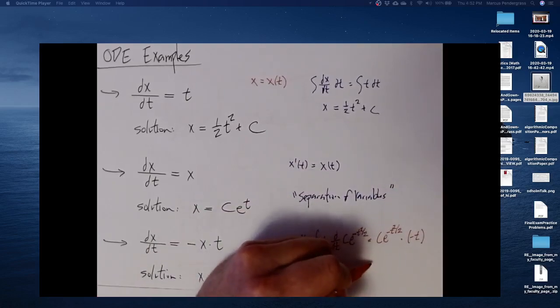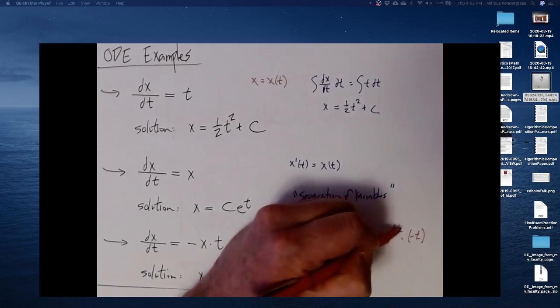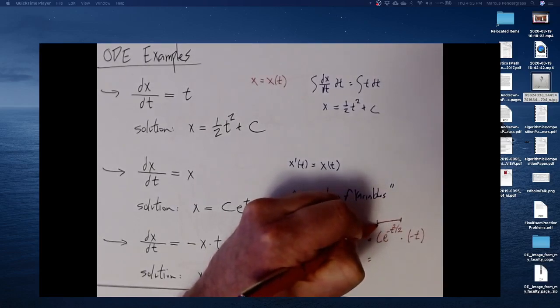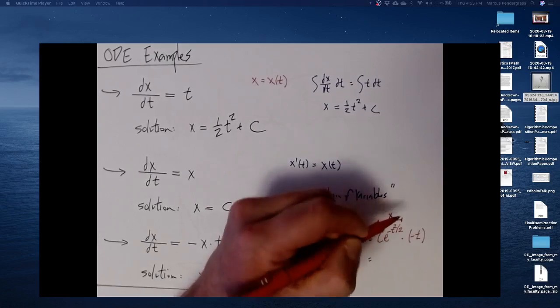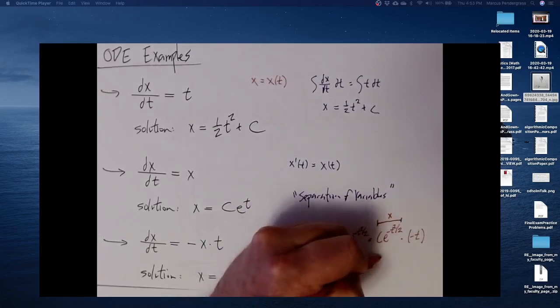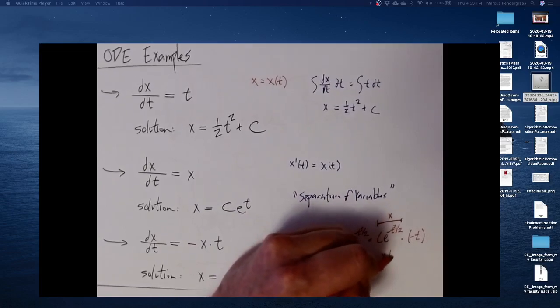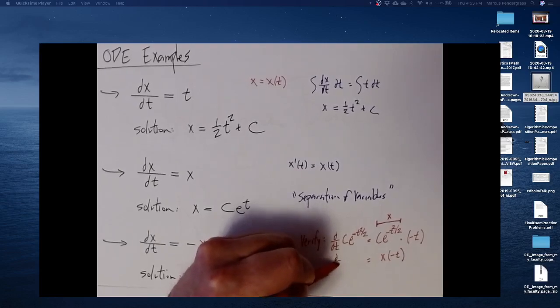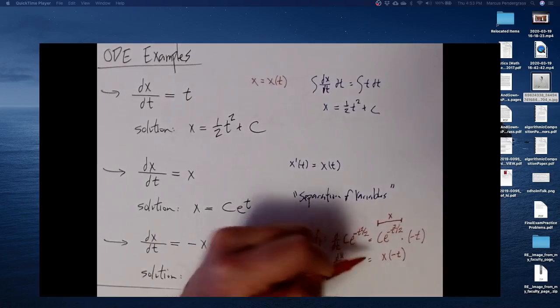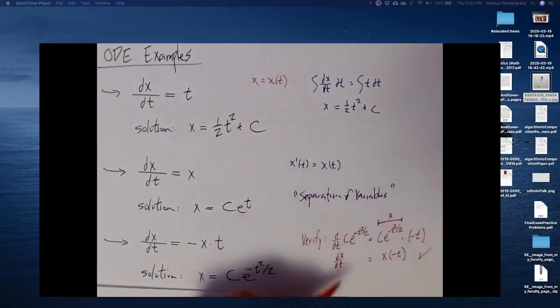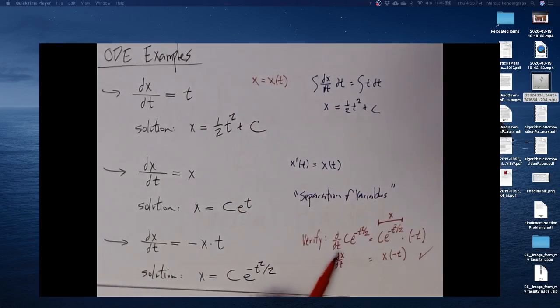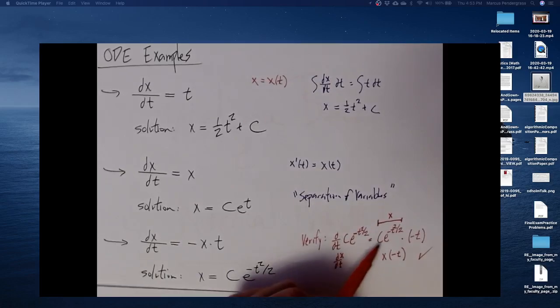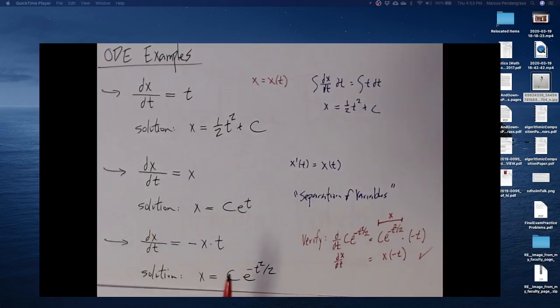And you, of course, recognize this piece right here, c e to the minus t squared over 2, that is our x. And so we have x times negative t here. And of course, that's what we just computed, the d/dt of x. So we do see that this function satisfies the differential equation. Its derivative, dx/dt, is equal to just x times negative t.